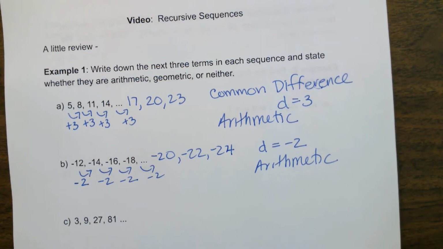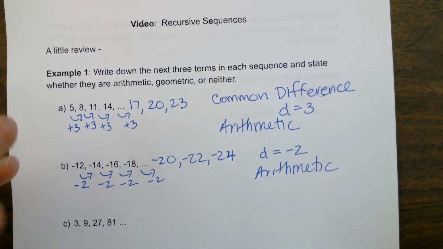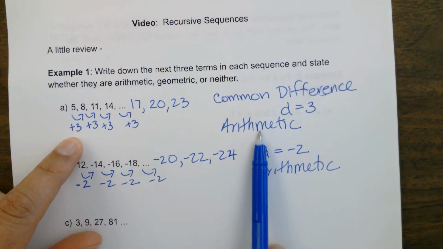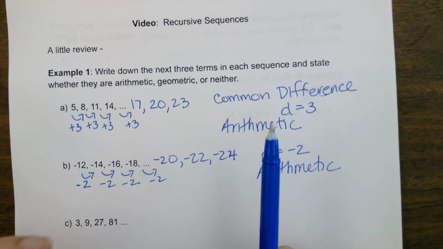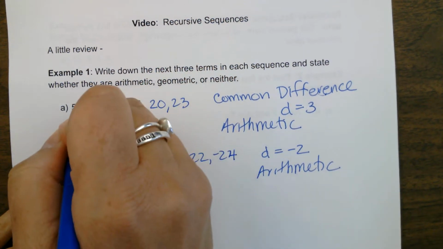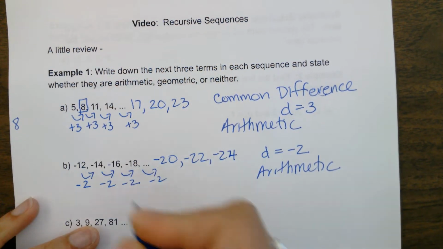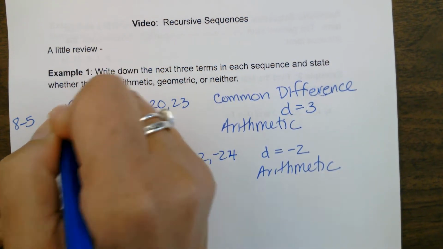Now, before we go to part C, let's just revisit A and B. I all of a sudden said, hey, let's try plus 3. If you're stuck and you're not sure what number to try and you feel that it's going to be arithmetic, you're going to be adding or subtracting a number, a little hint is you can always take the second number, 8, and subtract the first, 5.